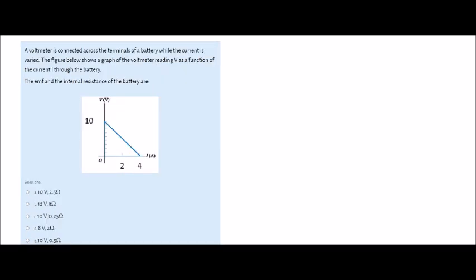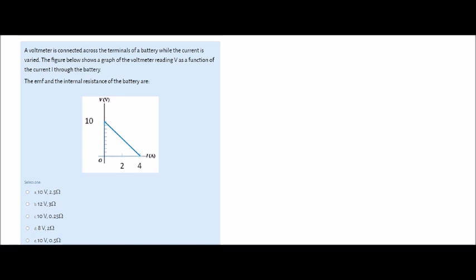Next question regarding a circuit. A voltmeter is connected across the terminals of a battery while the current is varied. The figure below shows a graph of voltmeter reading V as a function of the current I through the battery.